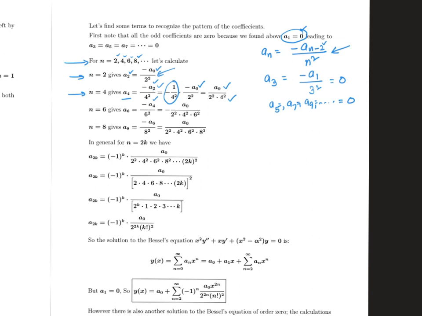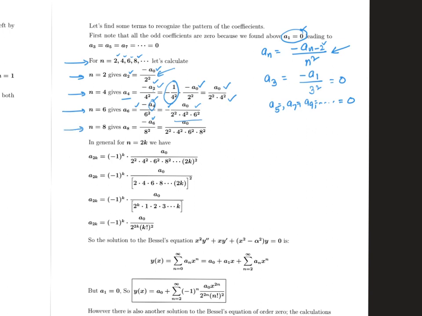Now let's go ahead and do the same thing for n is equal to 6. It's going to be negative a sub 4 over 6 square. If I replace a sub 4, that's going to give me negative a sub 0 over 2 square, 4 square, 6 square.